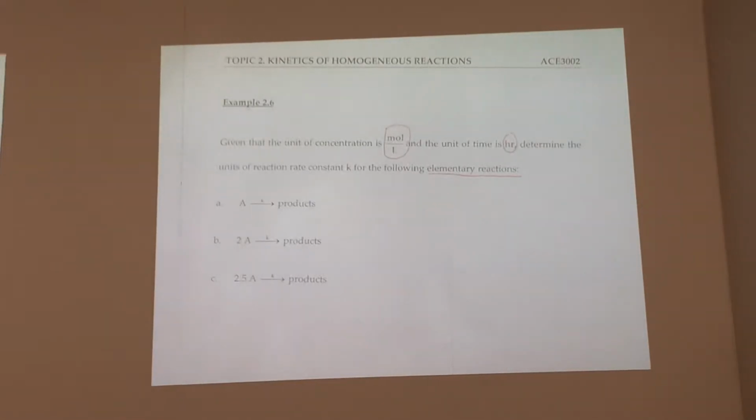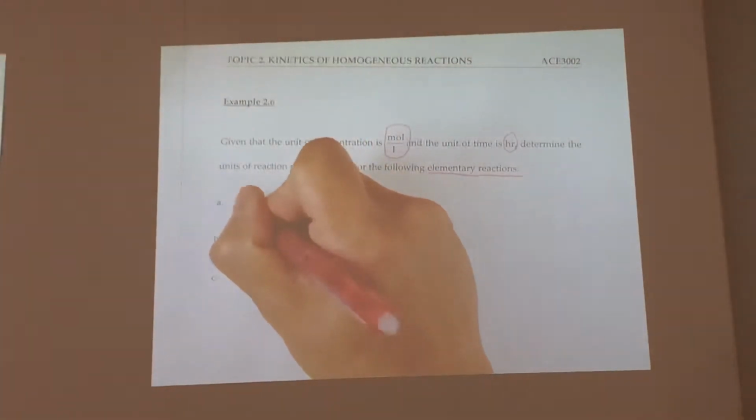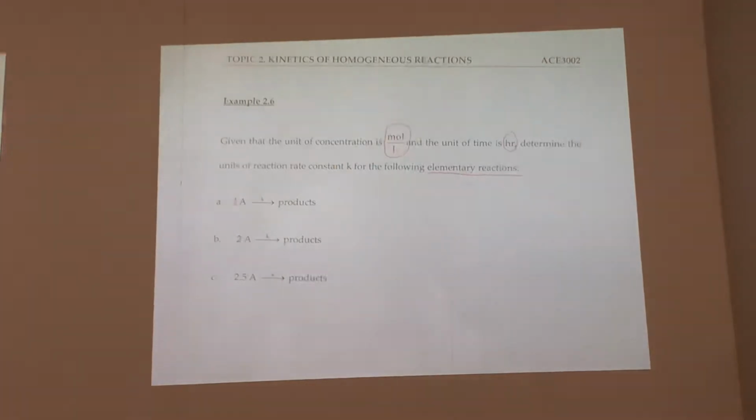Let's look at the first question. The stoichiometry is 1, and for this stoichiometry, let's say we have to come up with the rate of disappearance of A.